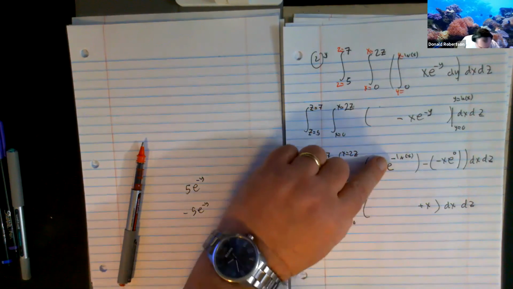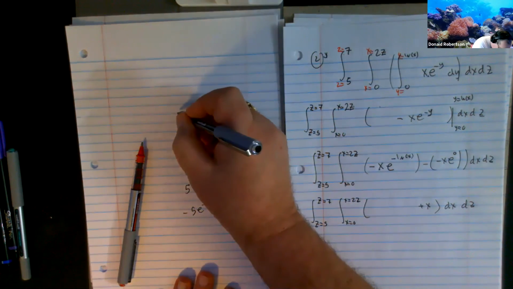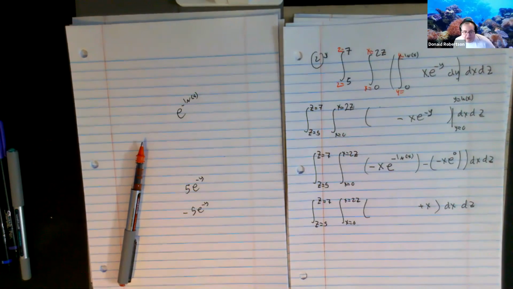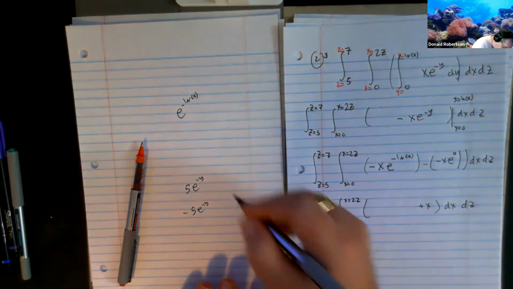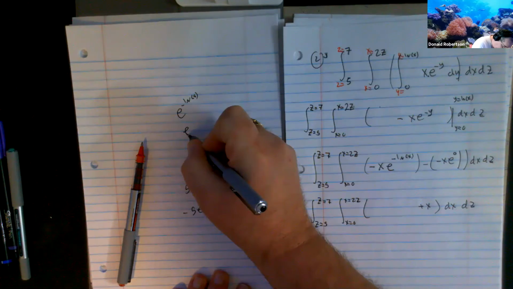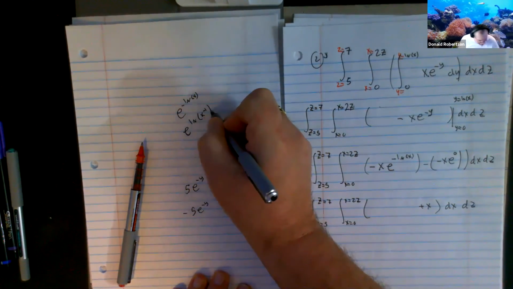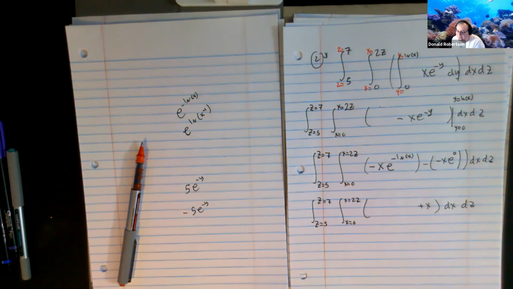All right, let's take this over here. I want to find a nicer version of e to the negative log x. How about e to the natural log of x to the power of x minus 1? And why am I going that route? I'll show you a different route that gets you the same answer.